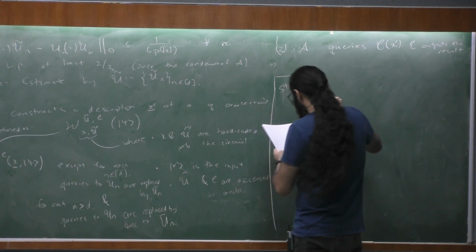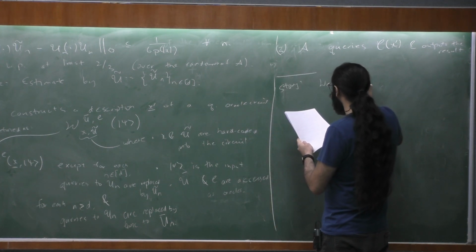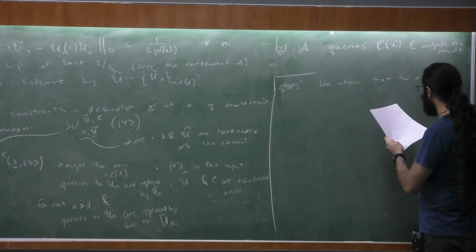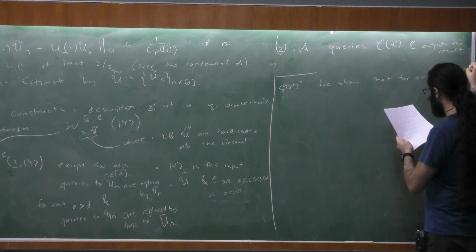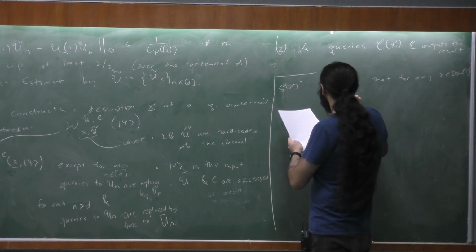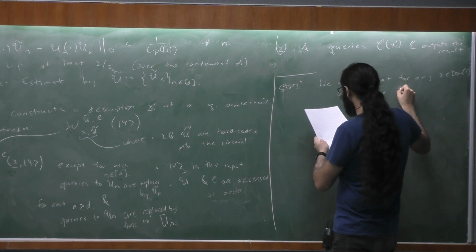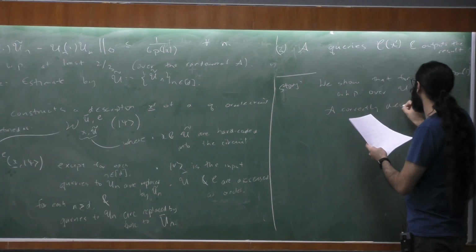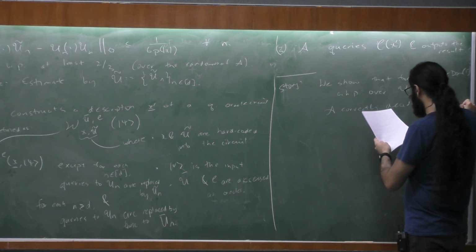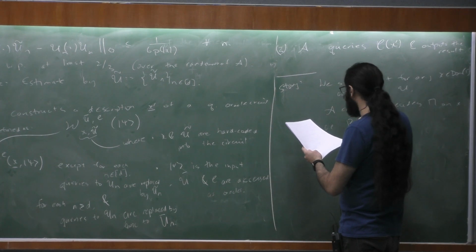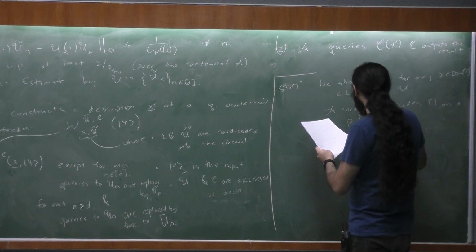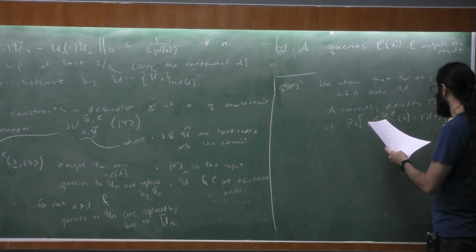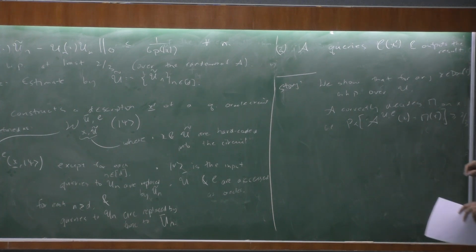And let's see what the paper says here. So now the paper shows that for any X in the domain of pi, with high probability over U, A correctly decides pi on X. That is, the probability that A with U and C on X equals pi of X is greater than 2/3.